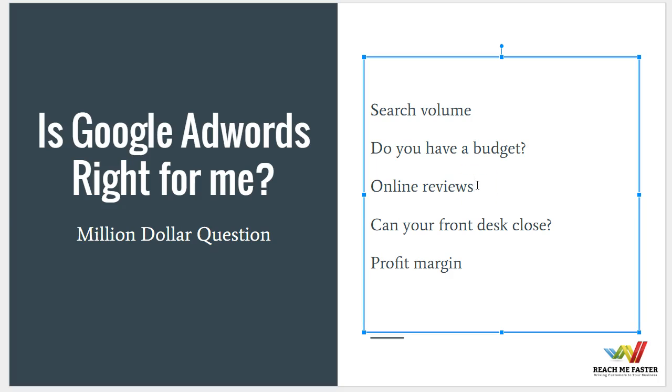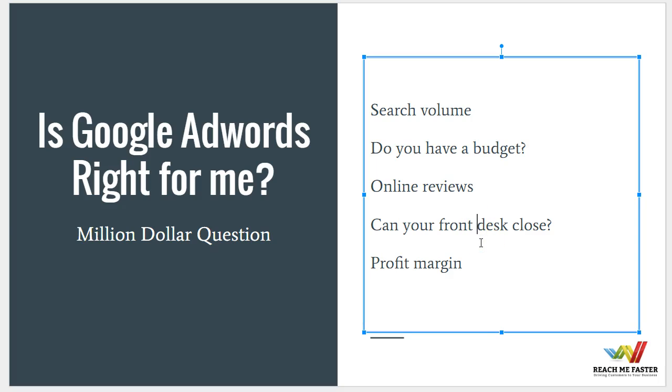They don't want to read some bad stuff, because they have too many options, so they'll just move on to the next one. So make sure that before you start an AdWords campaign, your reviews are respectable, that you have some positive reviews, and any negative reviews are addressed. And just make sure that you have good ratings on Yelp and Google and Facebook and other third-party review sites.